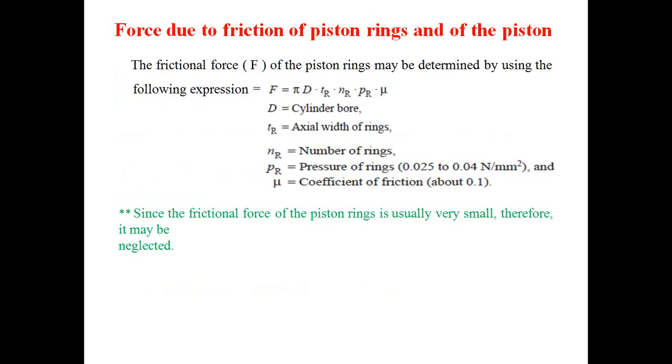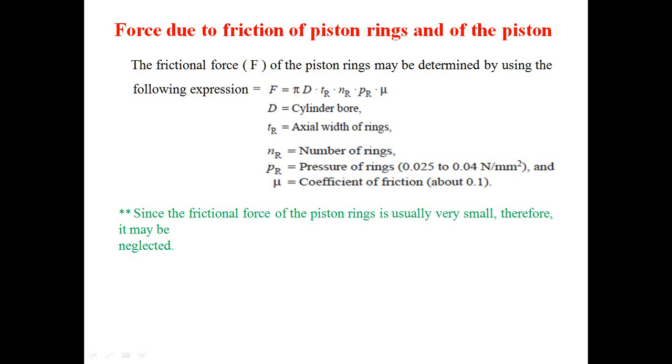Force due to the friction of the piston ring and of the piston. We know that the friction force will be equal to mu into N, where N is the normal force, and the normal force can be written in terms of pressure into the perpendicular cross-sectional area.